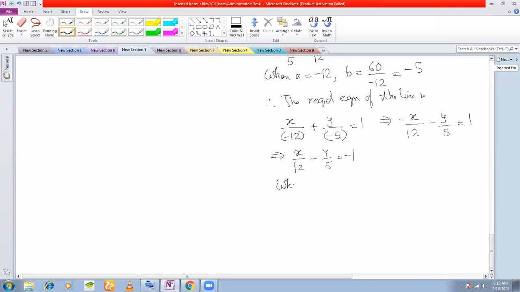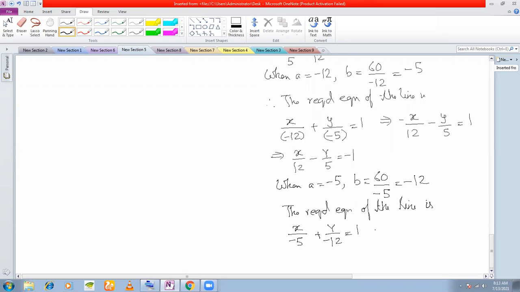Next case is when A is equal to minus 5. B is equal to 60 by minus 5, which is equal to minus 12. The required equation of the line is x by minus 5 plus y by minus 12 is equal to 1.